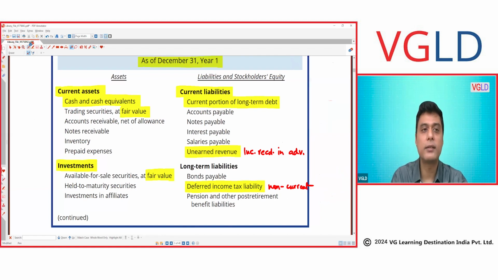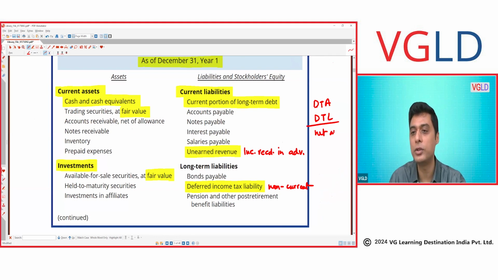Similarly, for deferred tax, you have some deferred tax asset items, you have some deferred tax liability items. If your asset items are more than liabilities, then you have a net asset position. If your DTLs are more than DTAs, then it's a net liability position. Correct? So depending on that, it will appear on the appropriate side of the balance sheet.